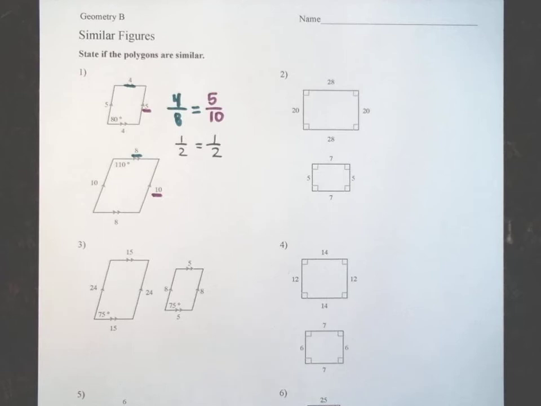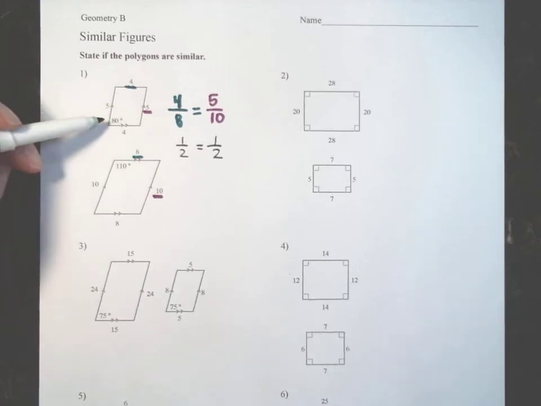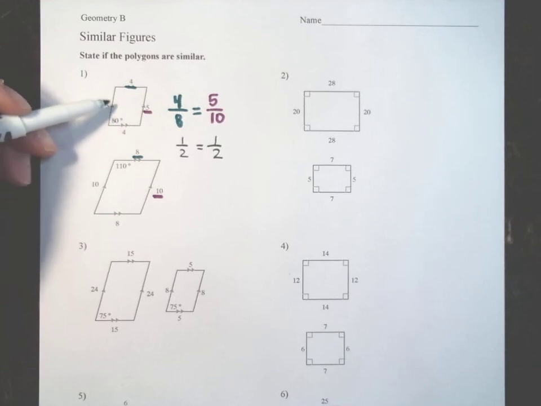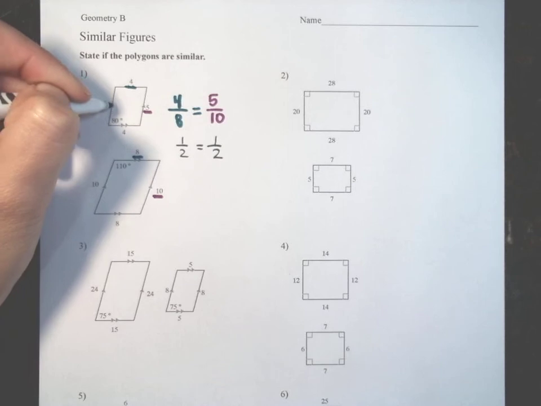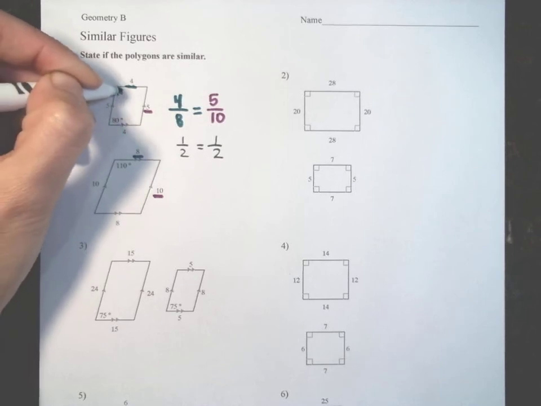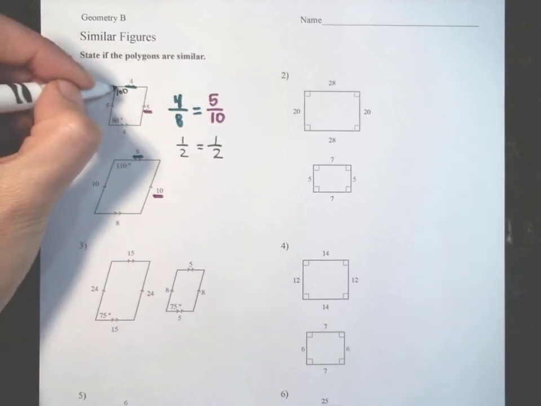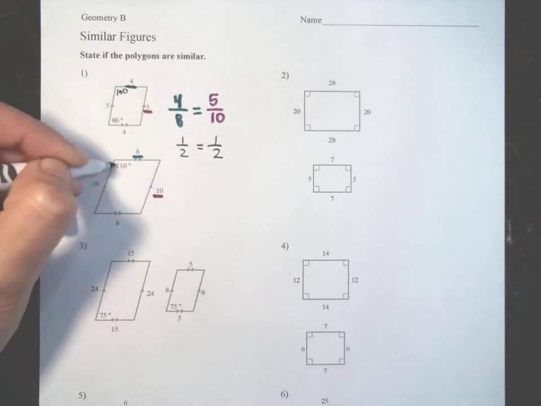And then the last one says that corresponding angles are equal. In parallelograms, if this one's 80, then these are supplementary, so these have to add to 180. If this one's 80, that means this one's 100. But if we look at this angle being 100, then this angle should also be 100.